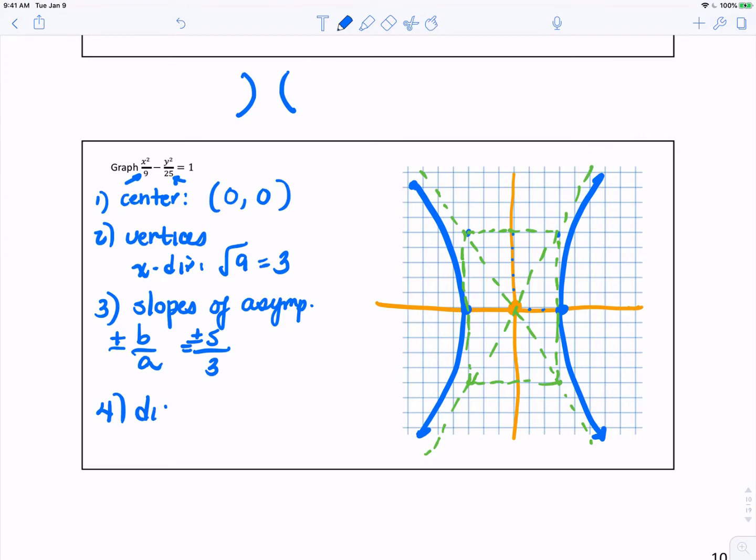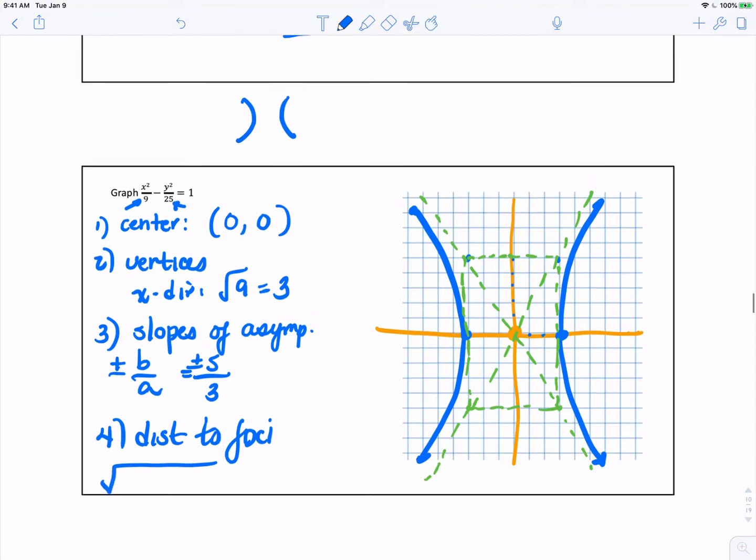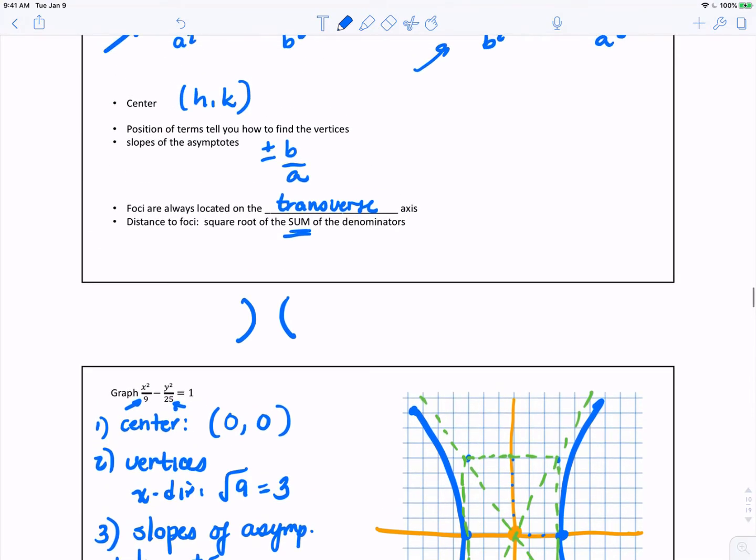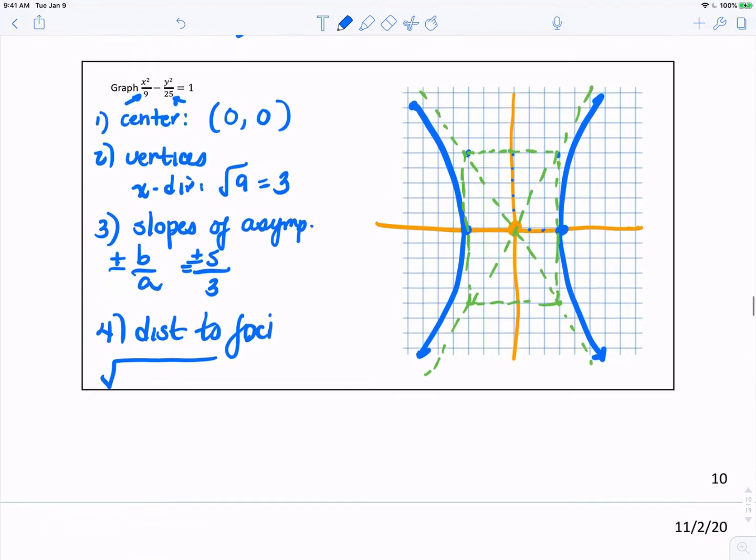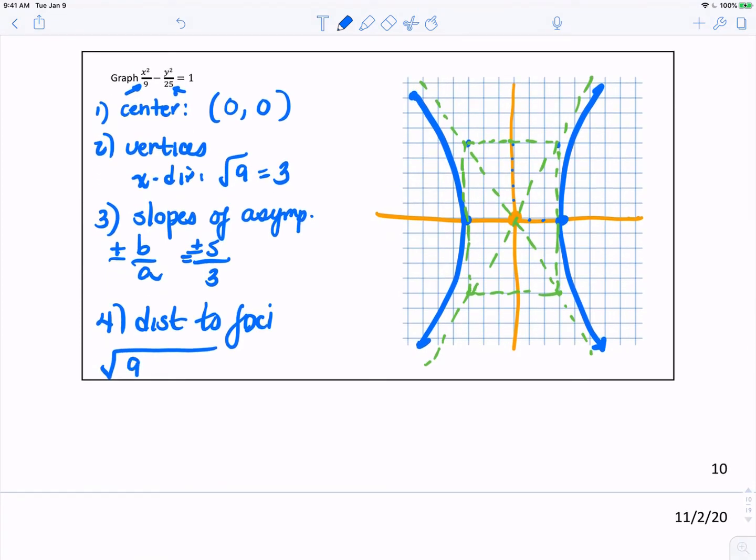The distance to the foci would be the square root of the sum of the denominators. So 9 plus 25 is the square root of 34, which is somewhere between 5 and 6.